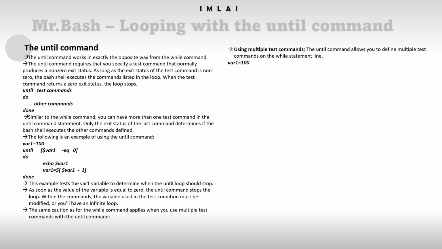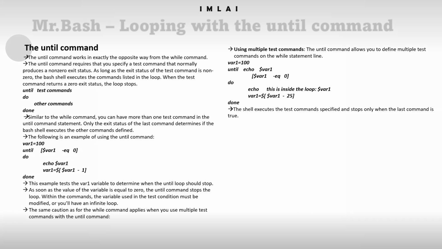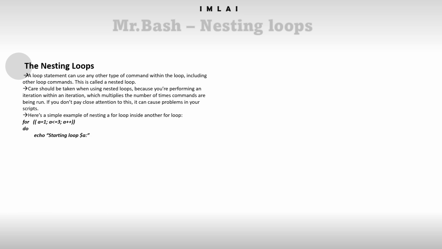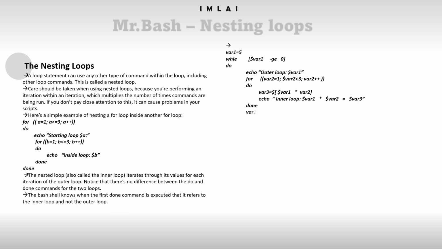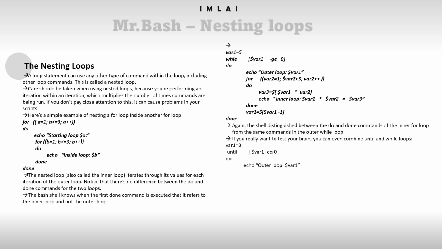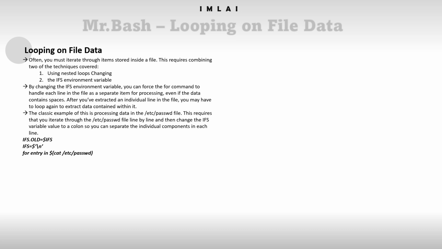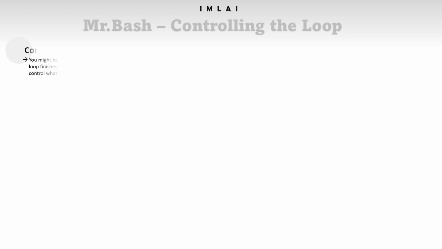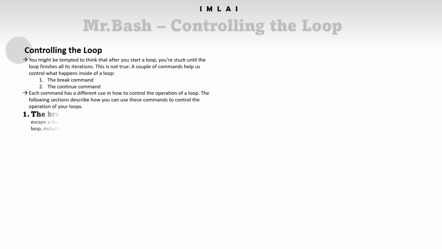And you can combine loops in shell scripts, producing multiple layers of loops. The bash shell provides the continue and break commands also, which allow you to alter the flow of the normal loop process based on the different values within the loop.